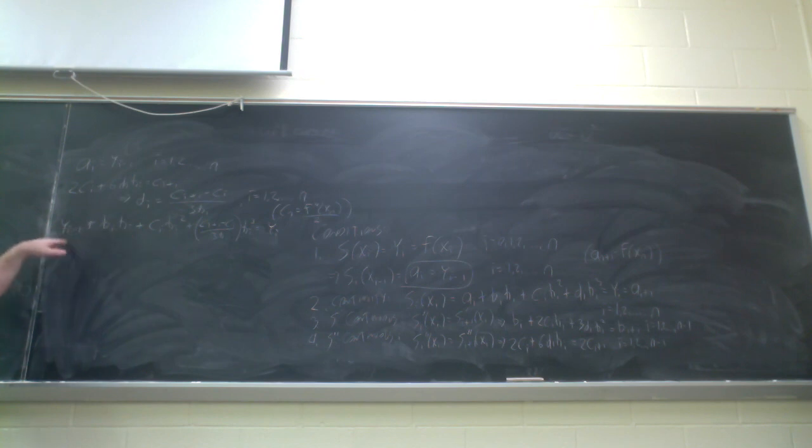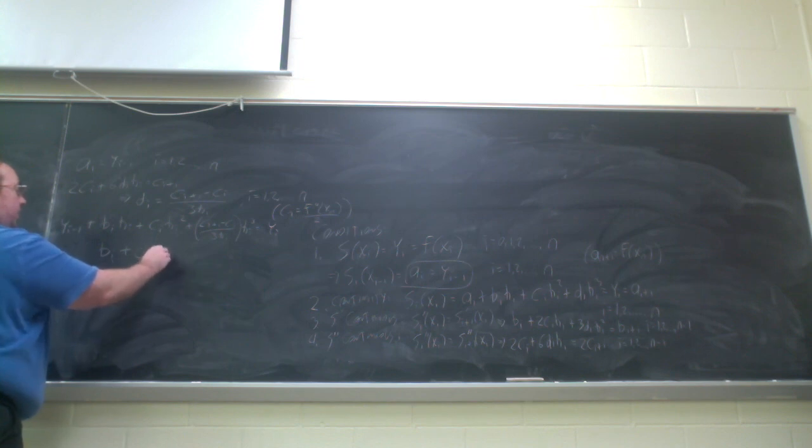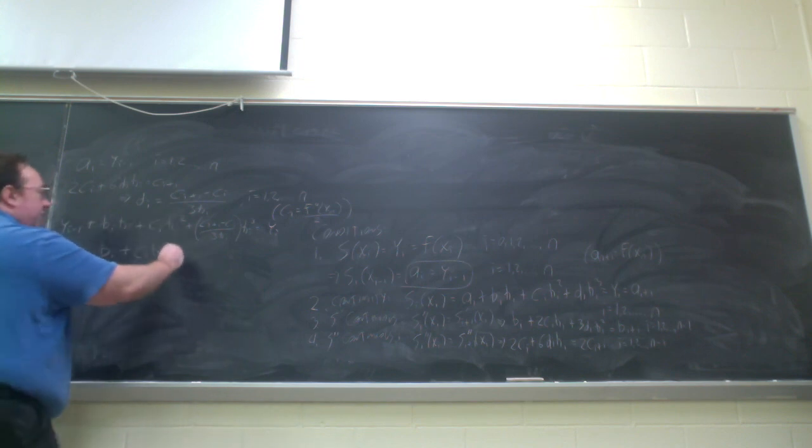Well, y's are known. So I can use this to solve for the b's. Now first, I'm going to simplify this. I can say bi is plus ci hi. So I'm canceling out hi throughout.